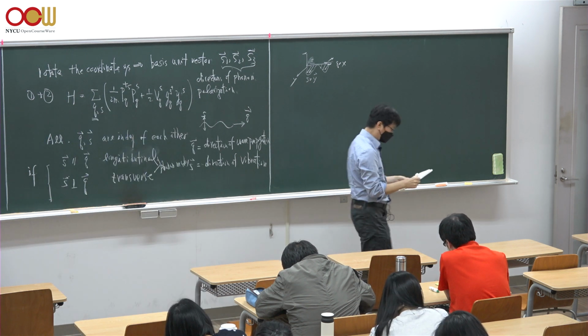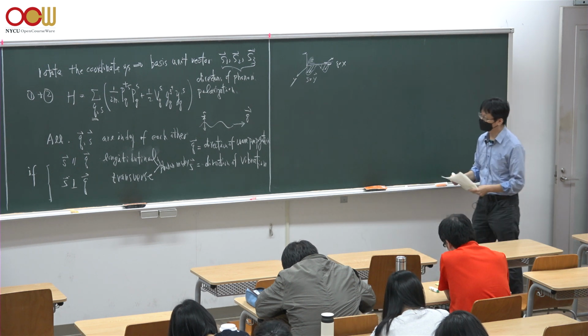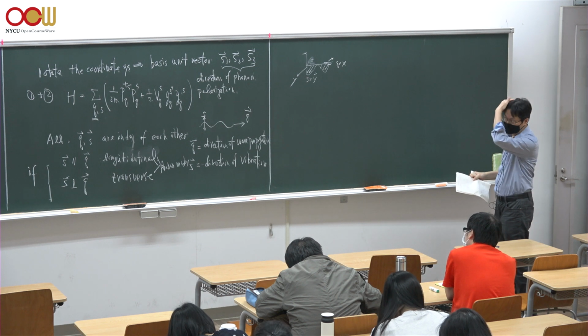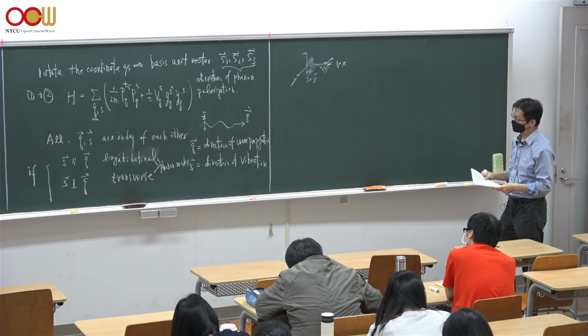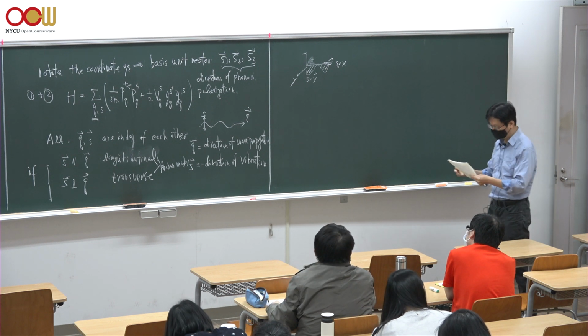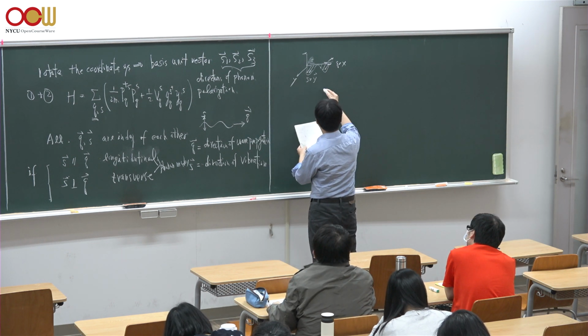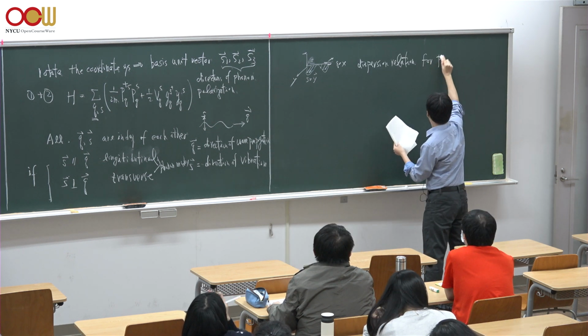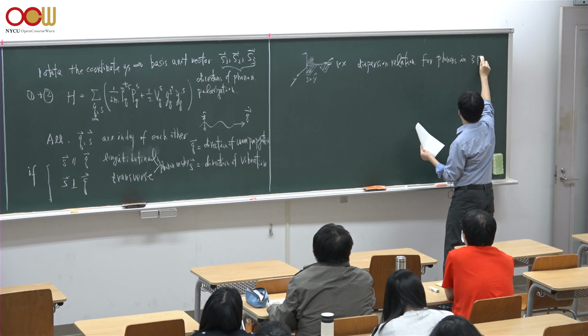Okay, so we'll distinguish these two different modes for later convenience, because in nature we can really find such different phonon modes, transverse or longitudinal. So let me just generalize the dispersion relation for phonons in 3D.